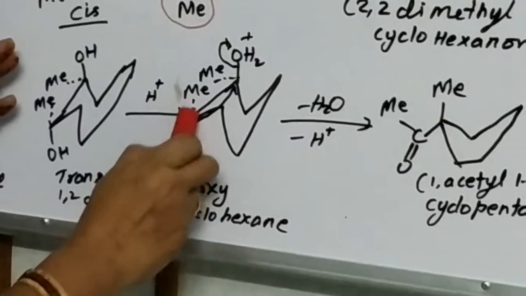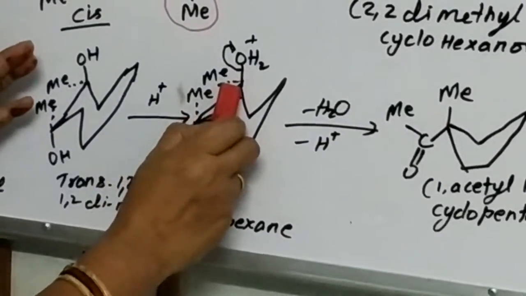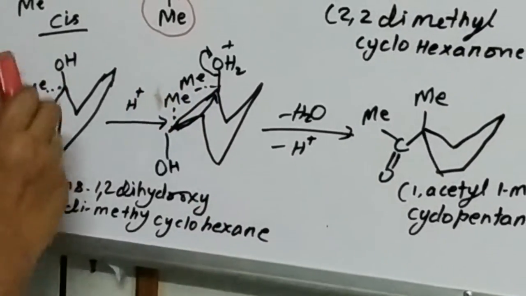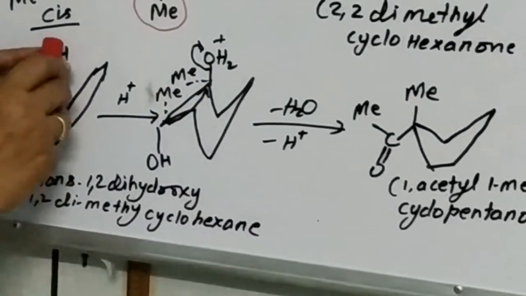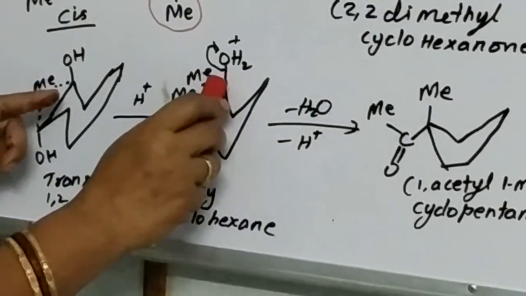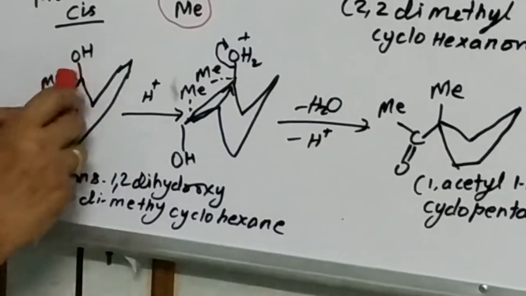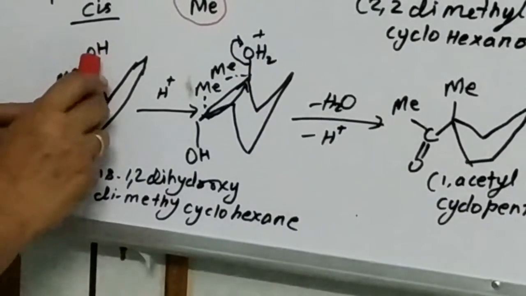This CH2 will migrate to this in place of methyl. From here, OH is removed and carbonium ion is produced. Then this methyl group will not migrate because it is not in trans position to this OH group.